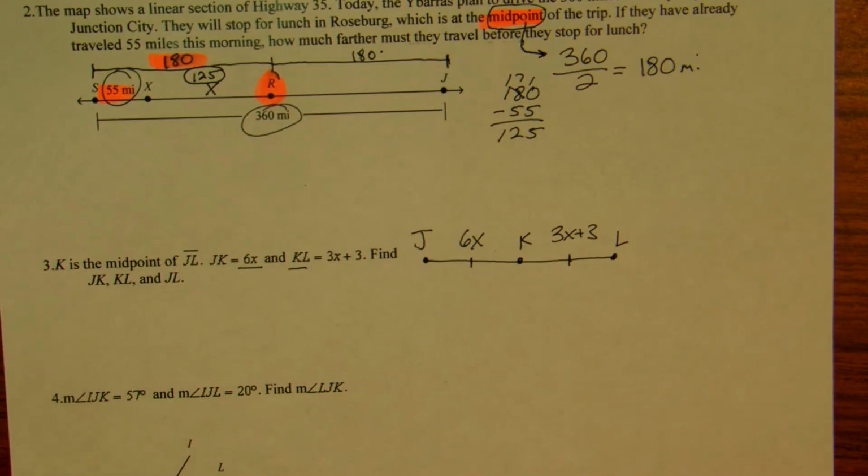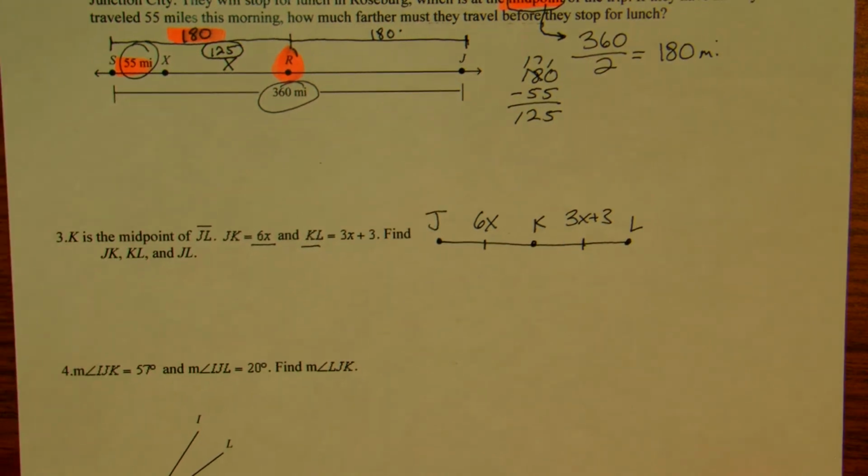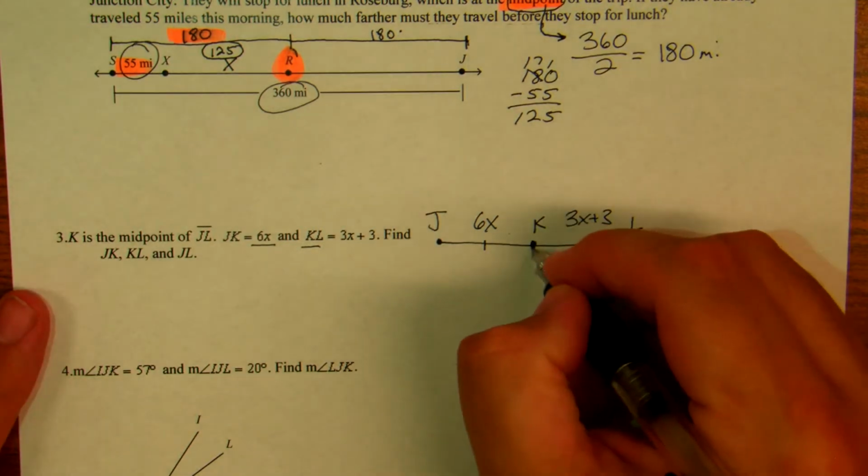Now, remember, geometry is a visual discipline. So you need to draw pictures, and you need to label pictures, and you need to do everything with that. Now, in this case, I know this is the midpoint.